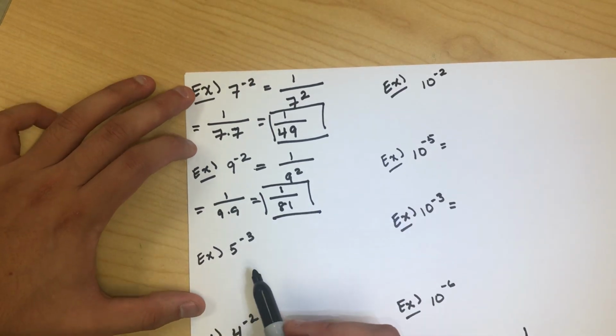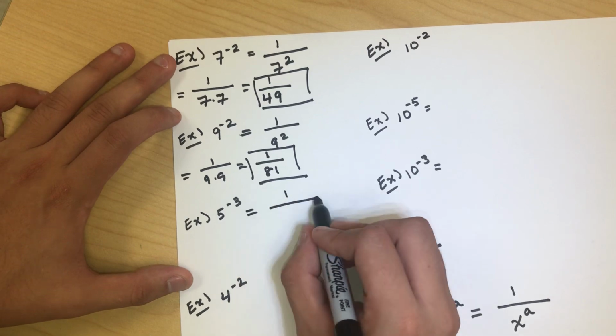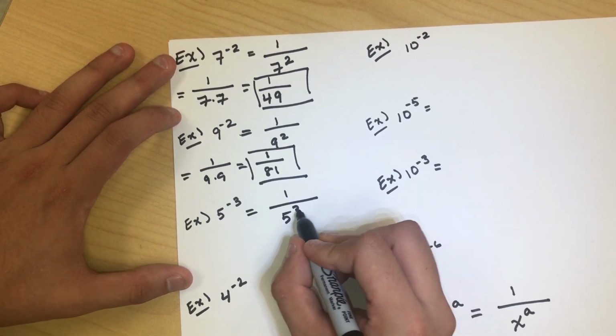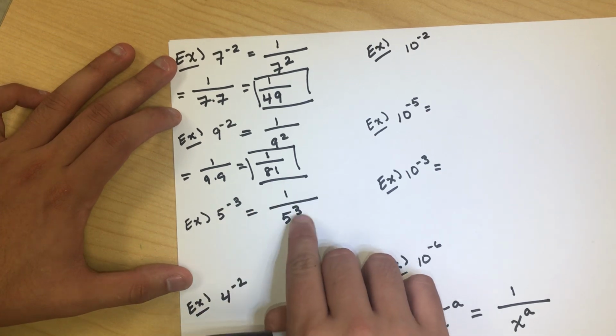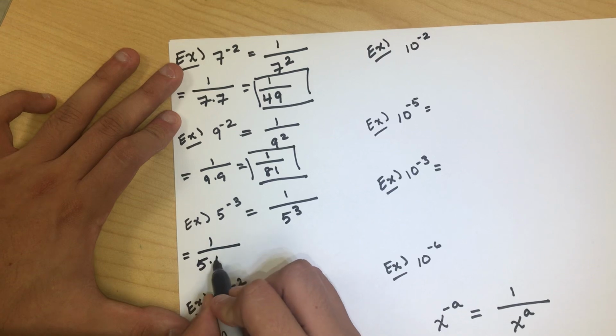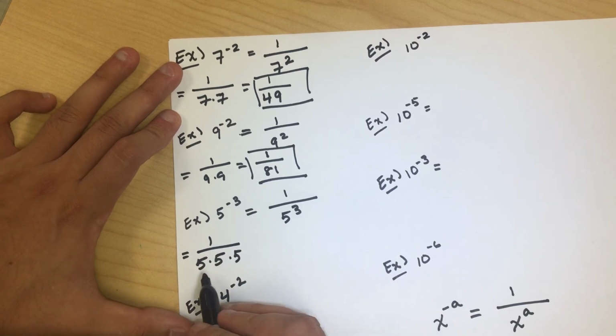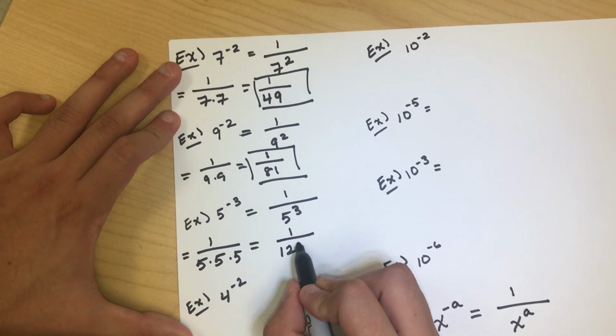Same thing here. 5 to the negative 3 is the same thing as 1 over 5 to the positive 3. That's all you do. 1 over 5 cubed, which is going to be 1 over 5 times 5 times 5. 5 times 5 times 5 is really one you should know, and it's 125.